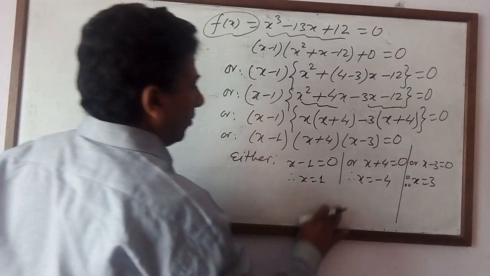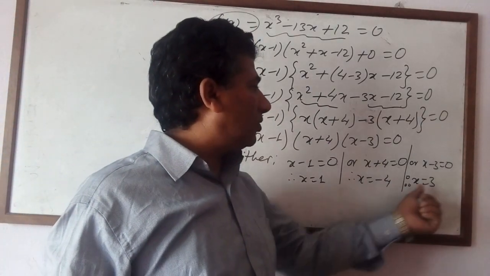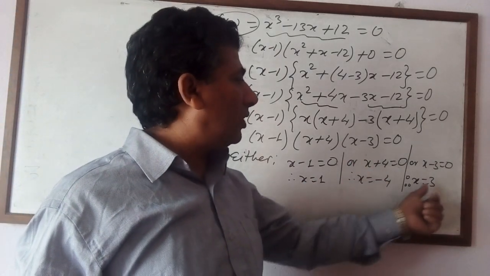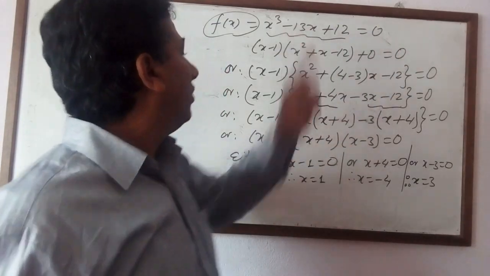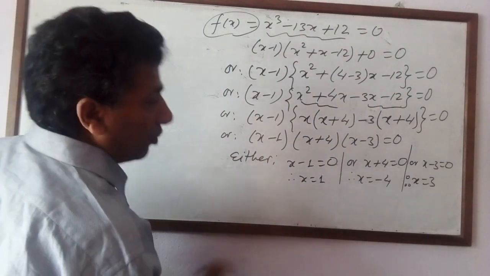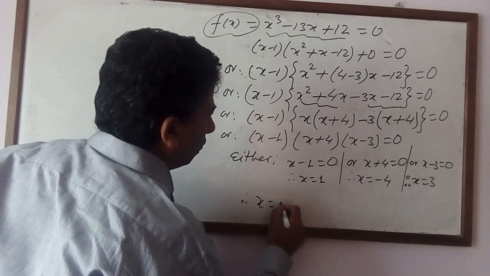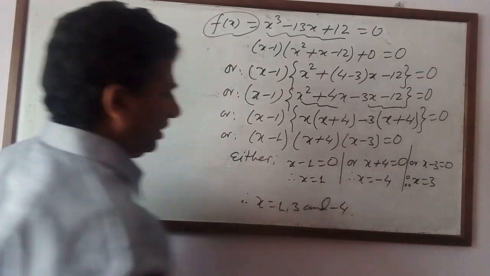Now what we did: we found 3 values of x: 1, −4, 3. When x equals 1, −4 and 3, the image will be 0, which are also known as roots of the equation. Therefore x = 1, 3 and −4.